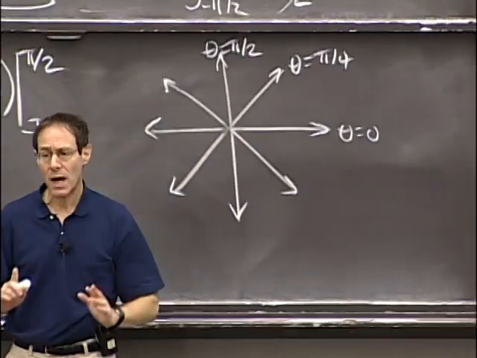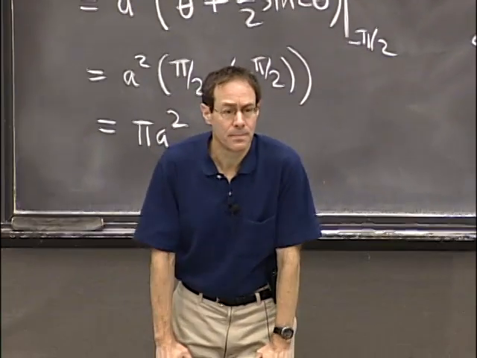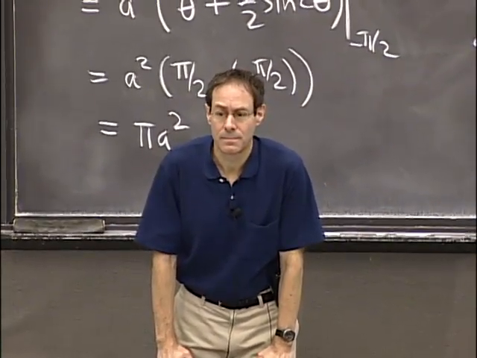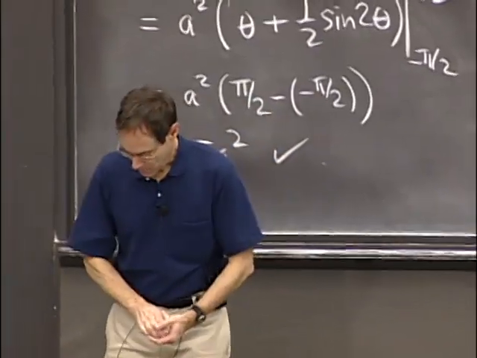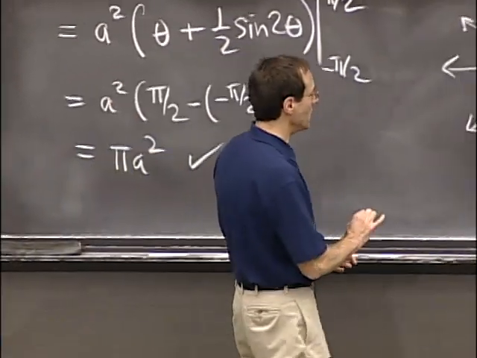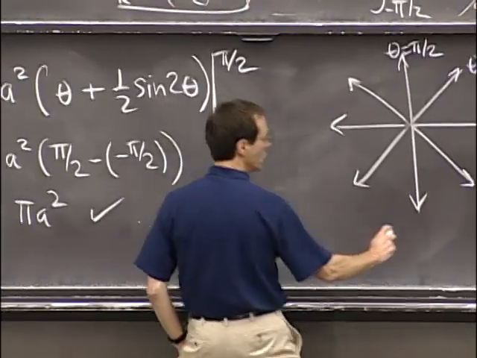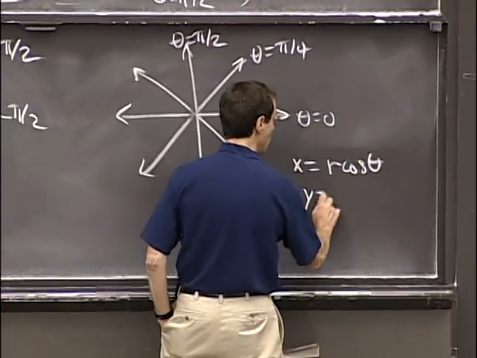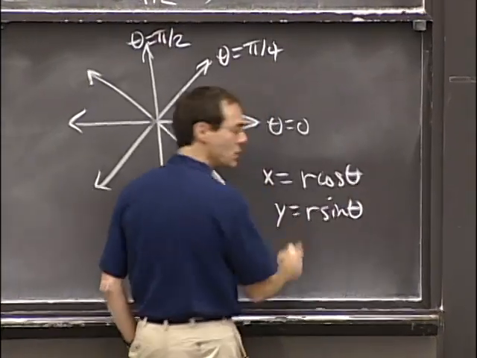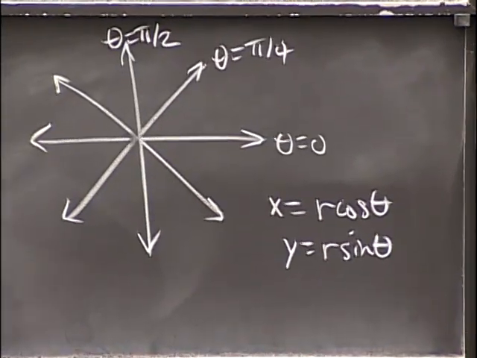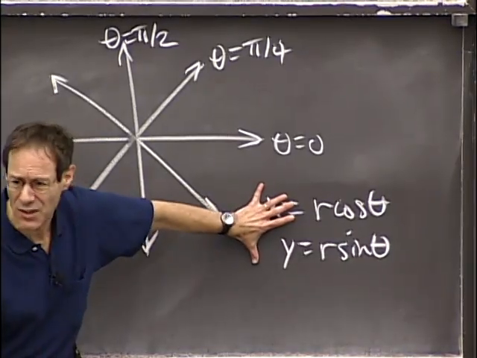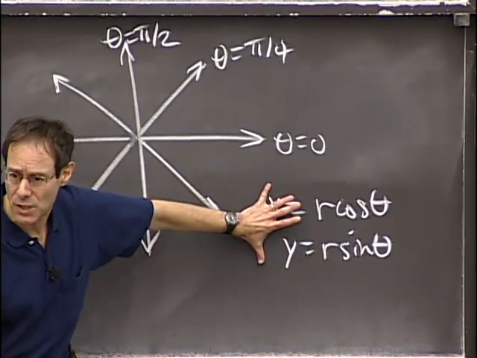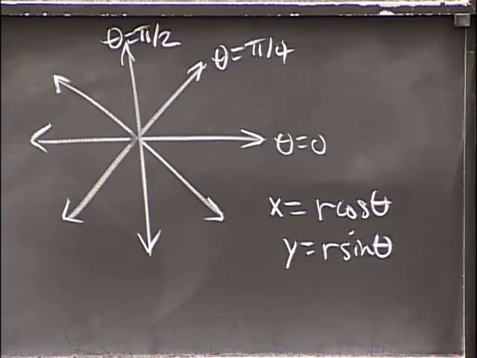So that's what I had in mind when I did that. You can always get these formulas, by the way, from the original business, x equals r cosine theta, y equals r sine theta. But it's useful to have the geometric picture as well. In other words, if you were a machine, you'd have to rely on these formulas and plot things using these, always.